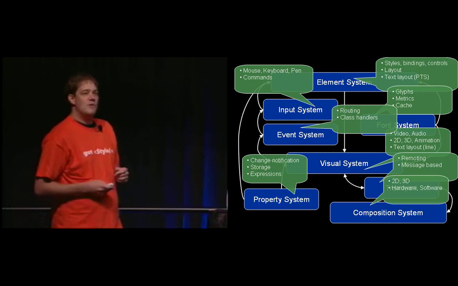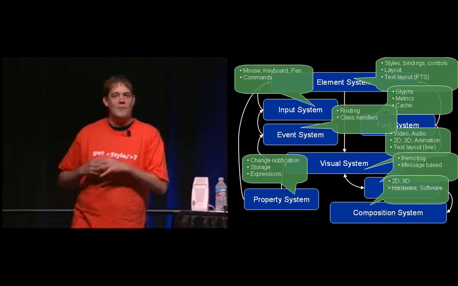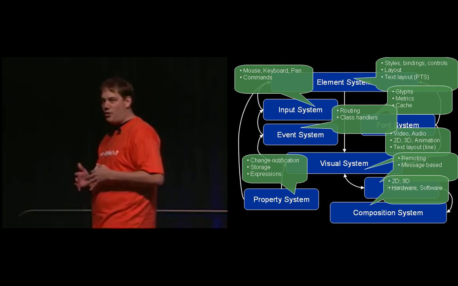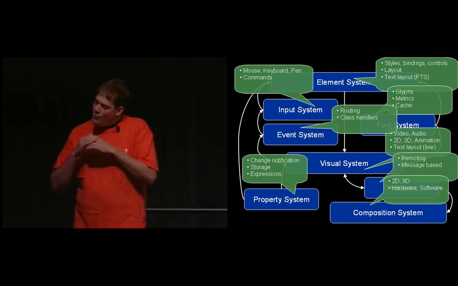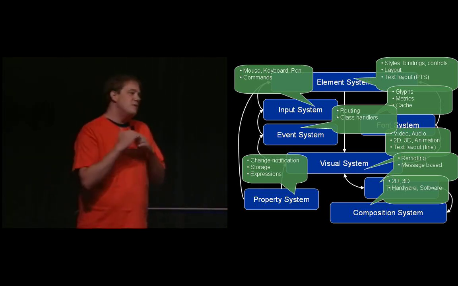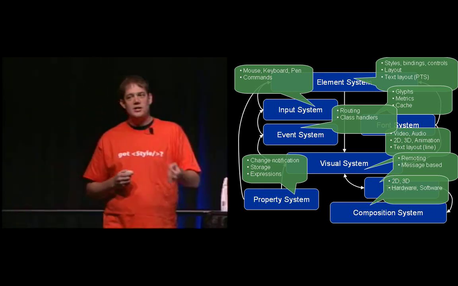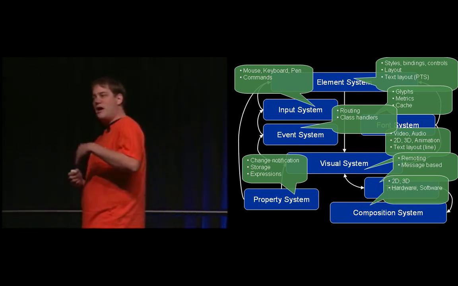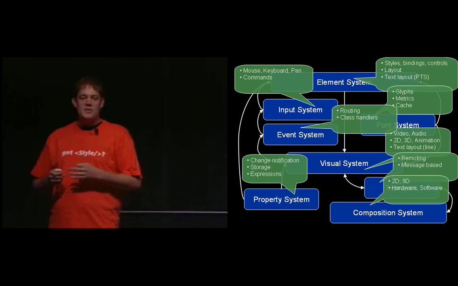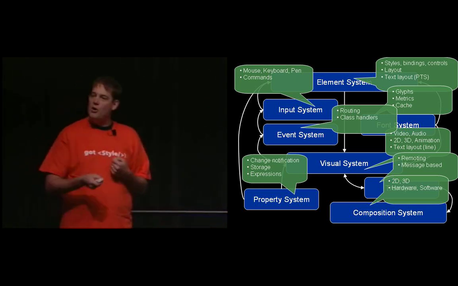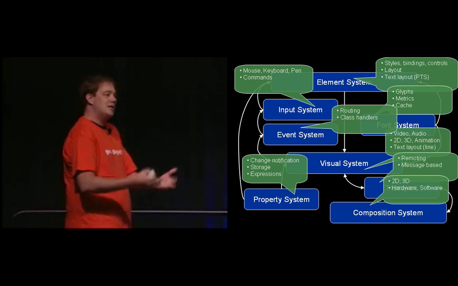The second thing we needed to solve with the property system was really this notion of storage. So in Avalon, we wanted properties to be the main programming model for the system. We wanted you to be able to style properties, trigger changes based on properties, affect the look based on properties, which meant that a bunch of stuff you used to do with code and writing imperative stuff would now become declarative.